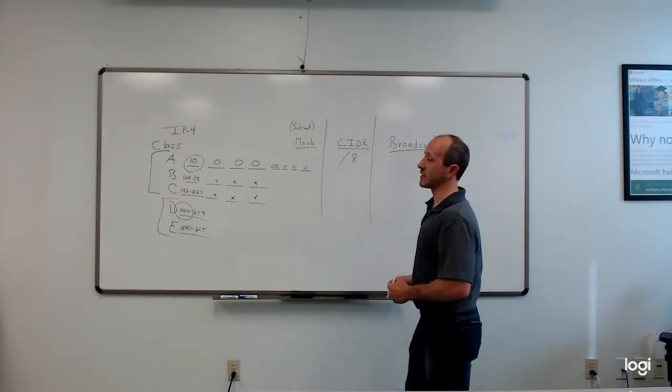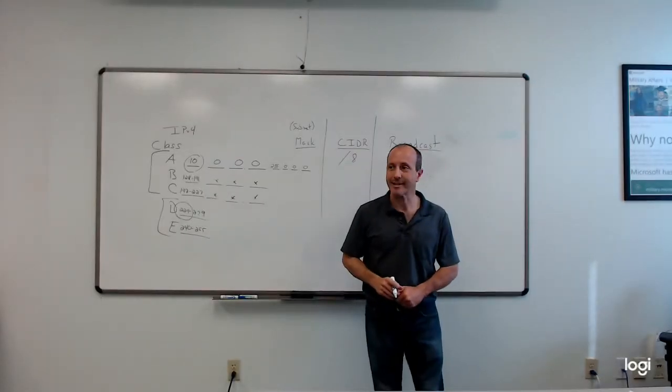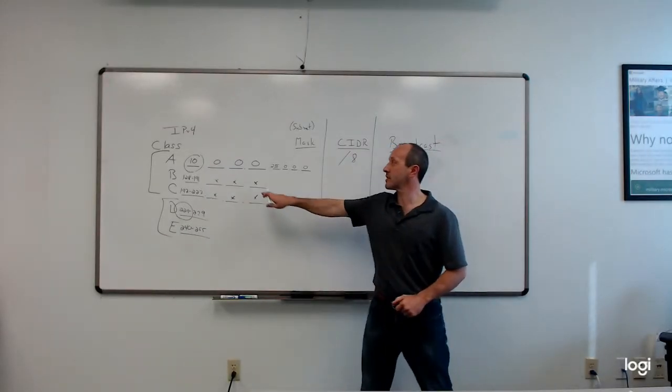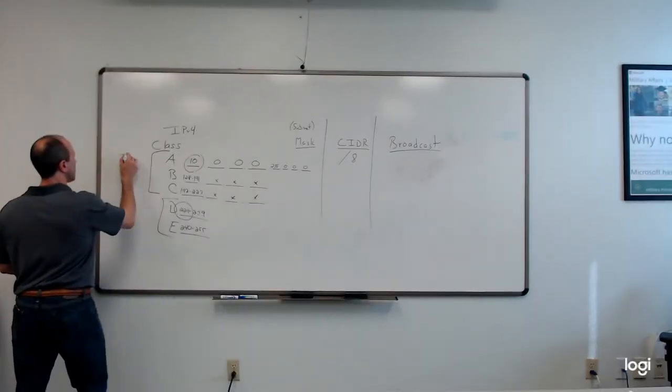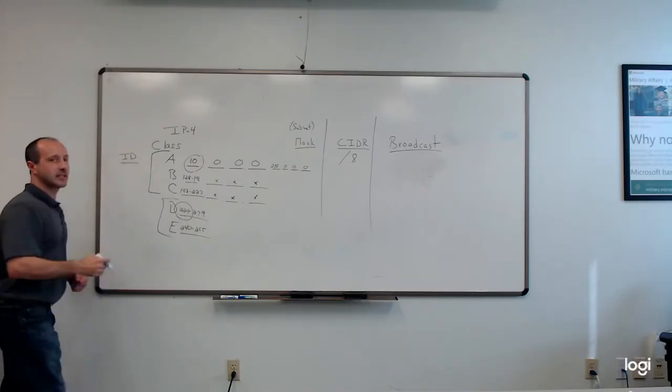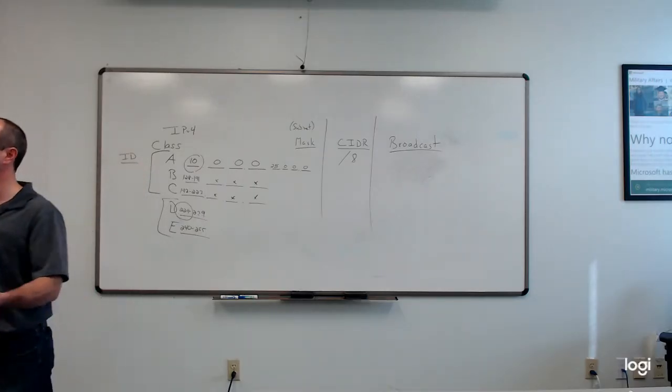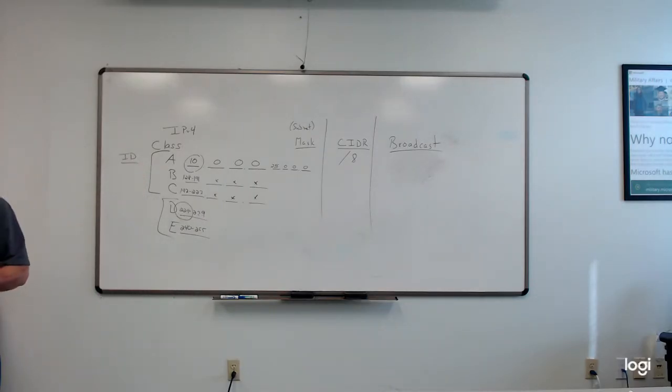Every network has a starting point. Every network has an ending point. This network ID is the starting point. And it is that. This is classroom 7. That is the ID for this physical space in this building, number 7.